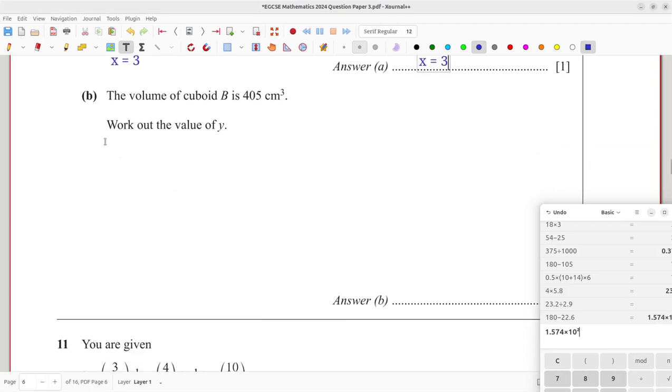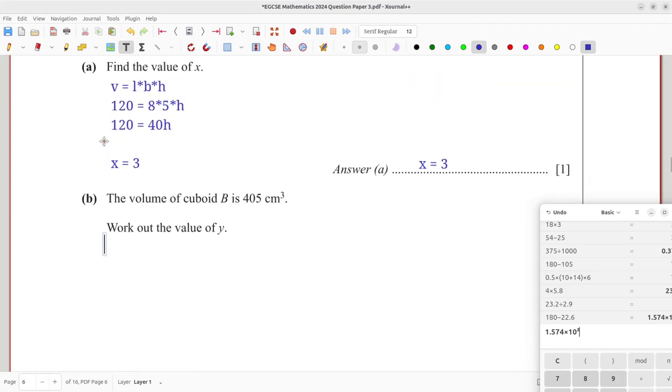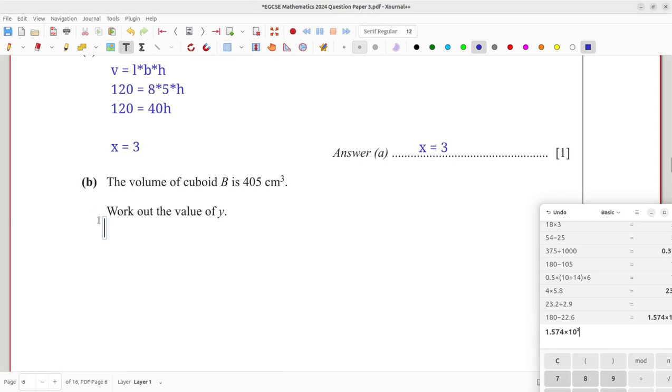In this case you are going to divide a side from A by a side from B. This gives us the ratio or the proportion.